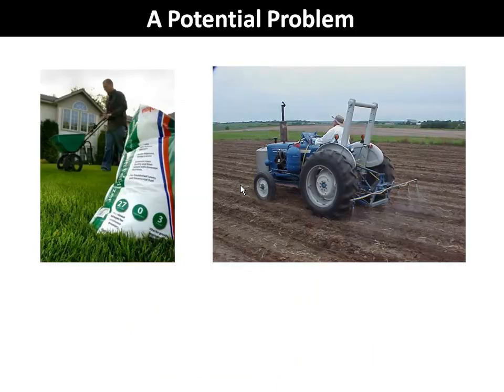The problem comes when you have contaminants being applied at the surface. They're also going to move by preferential flow. This is equally a problem in agricultural and urban settings. In urban settings, we have high rates of fertilizer application with turf management. In agricultural settings, we have pesticide application and nutrient applications that we have to think about.